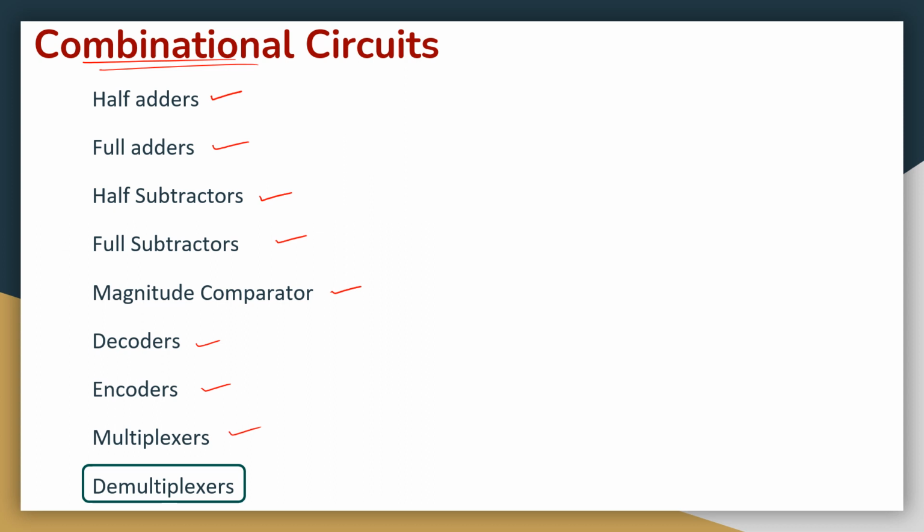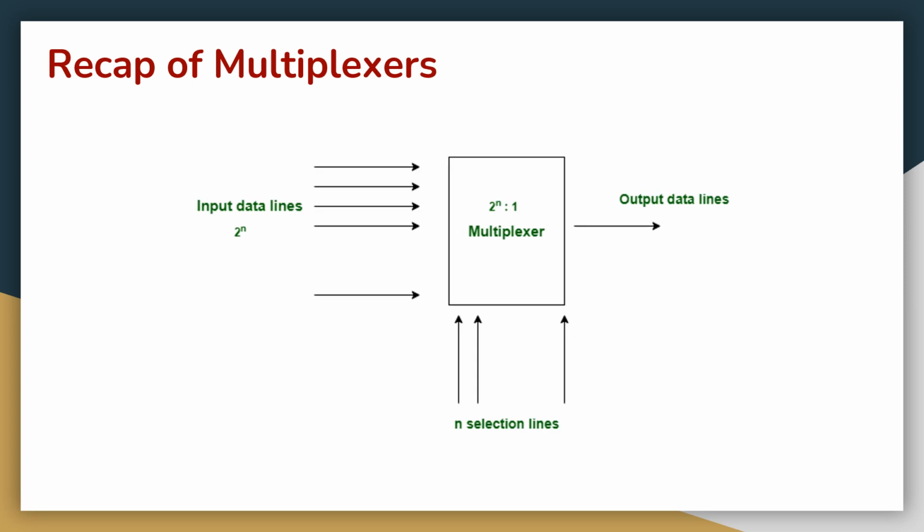Before starting, demultiplexers have just the opposite function of multiplexers, so here is a small recap about multiplexers. Multiplexers consist of 2 power n input lines and 1 output line. The processing of these 2 power n input lines is based on selection lines.